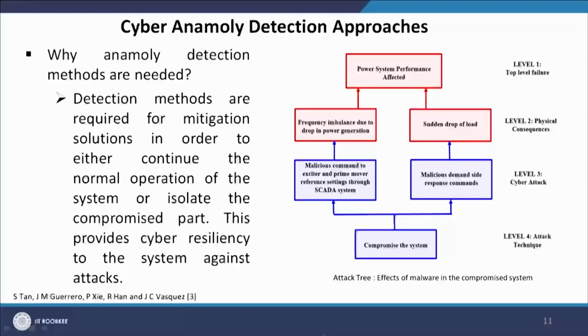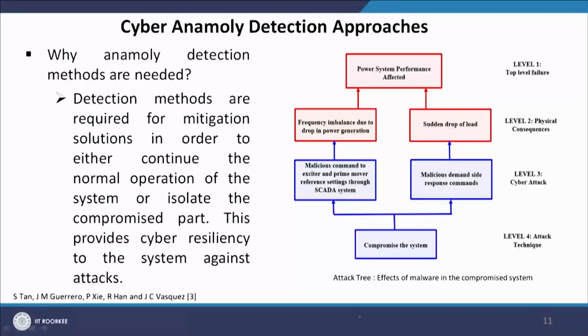Now, let us move to cyber anomaly detection approaches. Why are anomaly detection methods needed in power systems? Detection methods are required for mitigation solutions. Unless you know the cause of your failure, it is very difficult to repair it. So, detection methods are required for mitigation solutions in order to either continue the normal operation of the system or isolate the compromised part.